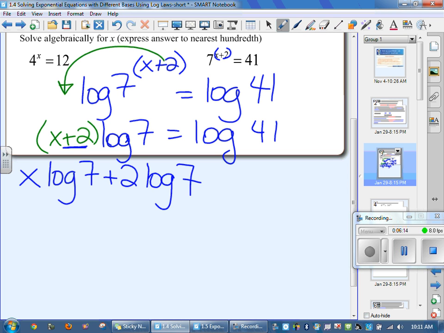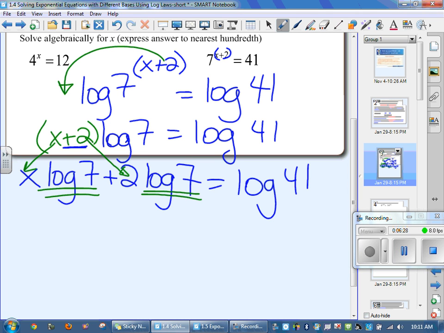Equals log 41. So this x came down in here, and the 2 came over there, and they each got log 7. That's how we separate the x from another digit in an exponent.